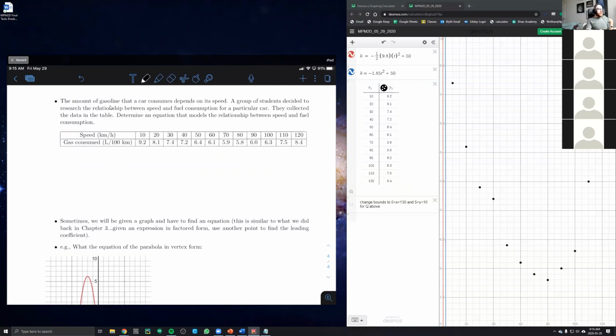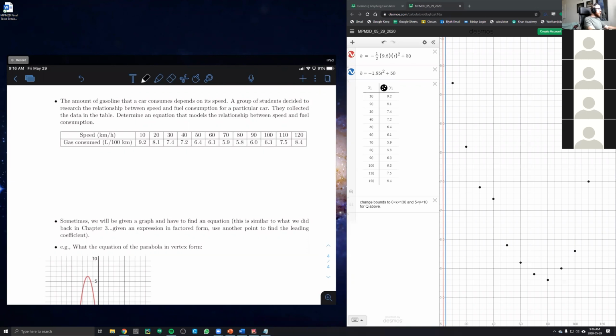But essentially, there's a sweet spot that you can drive at where your fuel consumption is best, right? If you go too slow, then your fuel consumption is worse. If you go really fast, then your fuel consumption is worse. But there's a nice little sweet spot where if you drive at that particular speed, you're going to minimize the amount of fuel that you use. Okay, it's different for every car, but there always is that little sweet spot.